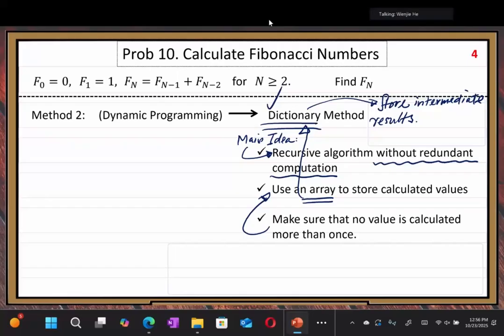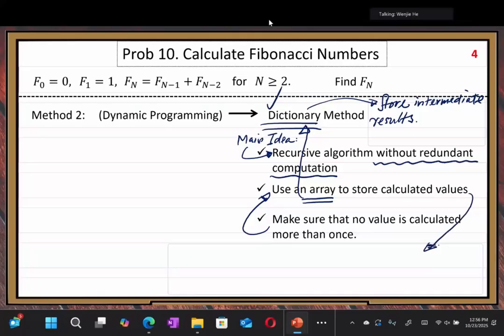Then, how to look up whether some number to be calculated is available in the array? So here is another question. Let's expand this item.